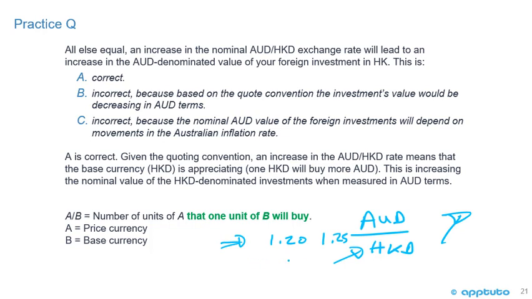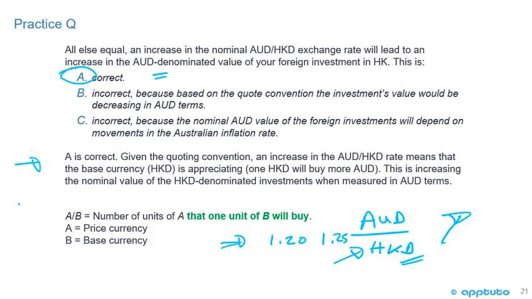It doesn't matter. I'm just going to use something like this. So 1.20 to 1.25 means it's going up. If that's going up, that means that the Hong Kong dollar is appreciating, so the value of my investment in Hong Kong in Aussie dollar denominated value is going to increase, okay? So that should be a fairly easy one.